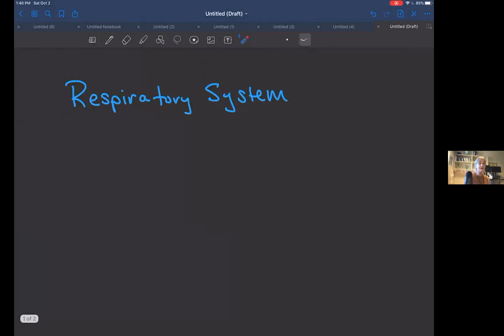Now, when we talk about the respiratory tract, this is the pathway that air takes. We can talk about the upper respiratory tract versus the lower respiratory tract.